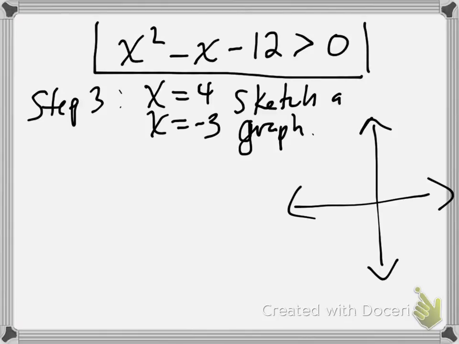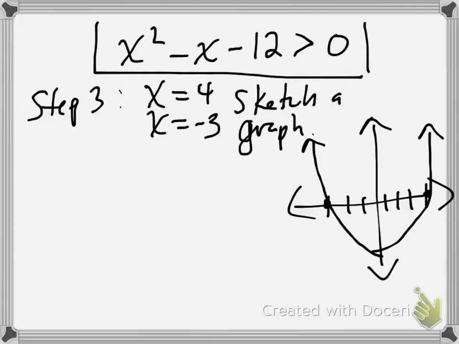What we want to determine is, does this graph open up or down? And then where does it intersect the x-axis? So it intersects the x-axis at the points of our solutions, negative 3 and 4. It's going to open up because my a is positive. So those are really only the two things that I'm interested in here.